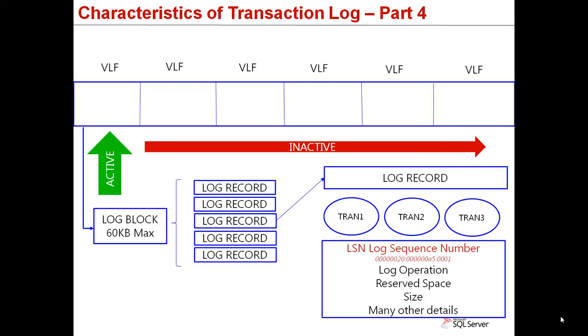This is how SQL Server keeps track of everything using the LSN, which is the log sequence number, to identify every operation. And in case some action requires being reverted or reapplied, that is, rolled back or rolled forward, SQL Server is able to do so.